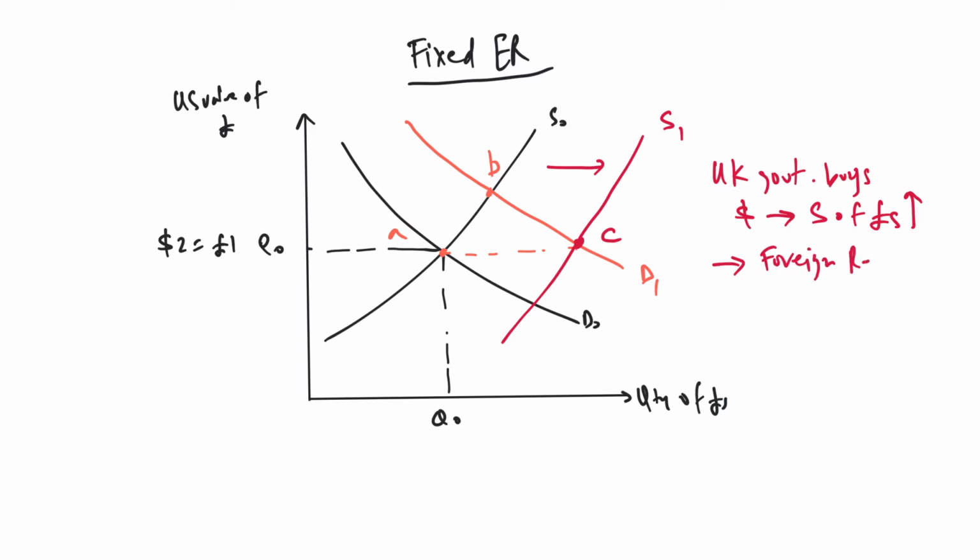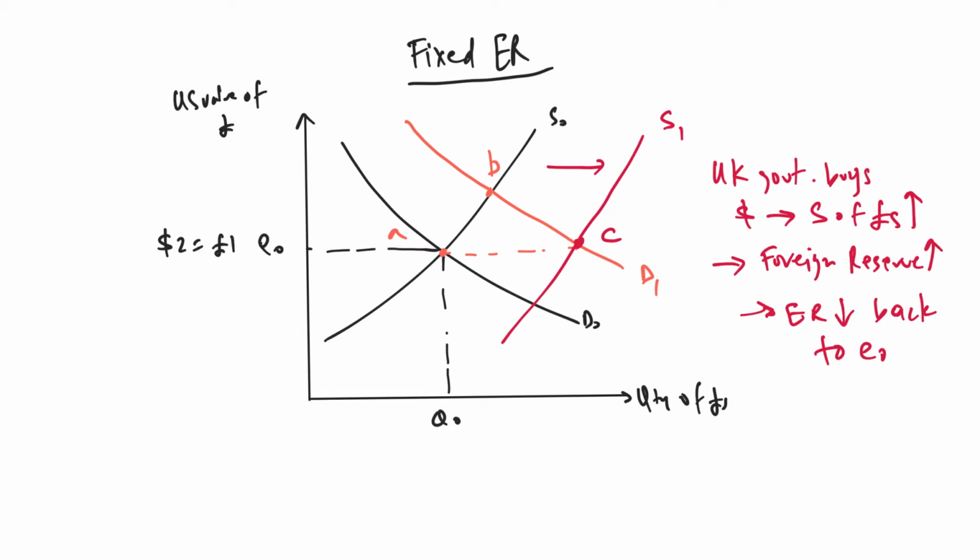Why? Because you're buying dollars, so these dollars will come into your foreign reserves. And as a result, your exchange rate will fall back to E naught. Got it? So you bring the value back to E naught if the value goes above it. Okay? So that's one way of managing.